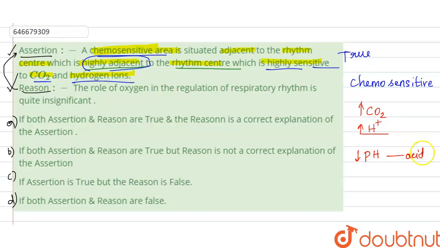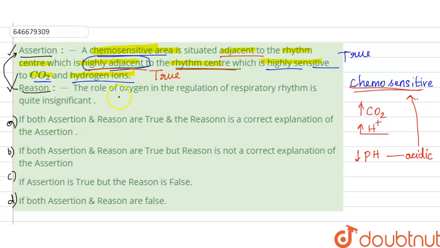That acidic nature of blood will go to the chemoreceptors and say that carbon dioxide concentration is increased. So chemosensitive areas are situated adjacent to the rhythm center, and they are sensitive to carbon dioxide and hydrogen ions. So this statement is absolutely true.